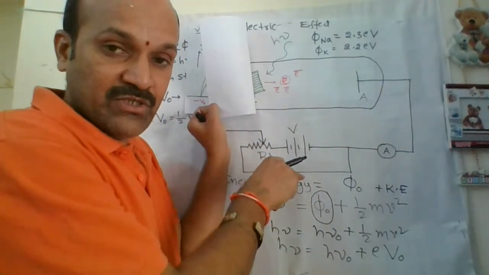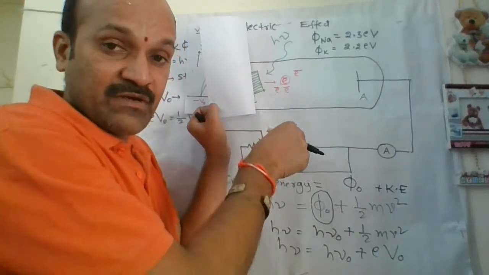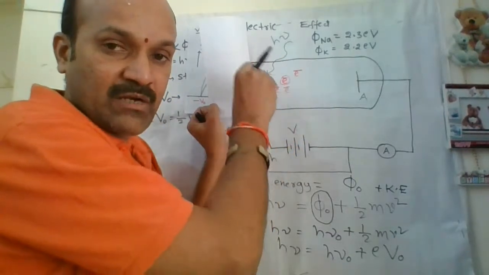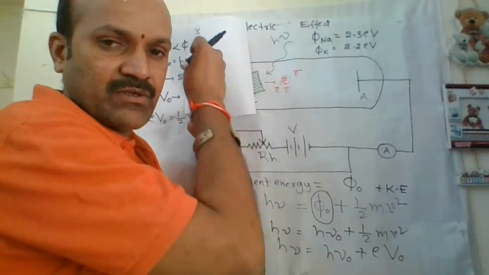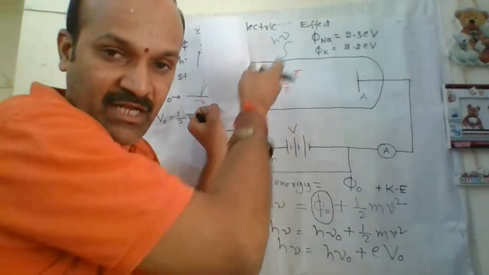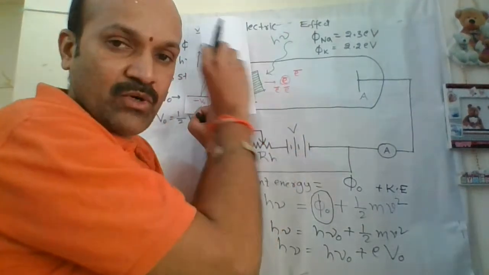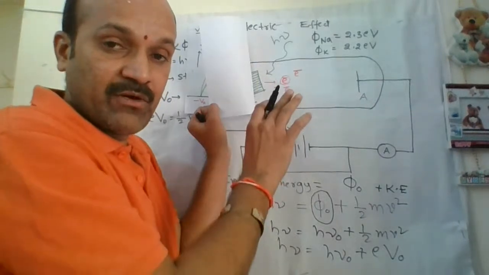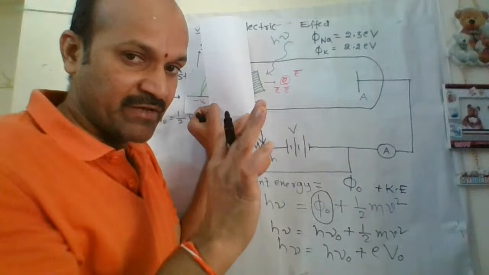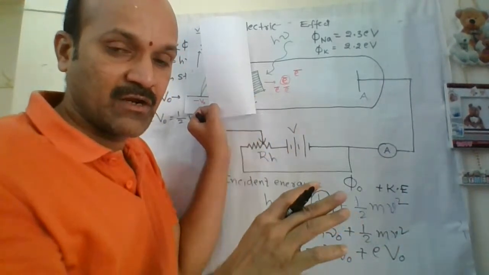So we are applying potential difference. If you keep on increasing the potential difference, what happens? However many electrons are emitted out, that many electrons will reach. If you supply the same photon continuously, only 100 electrons will be emitted out for that intensity of light, for that frequency. We are not varying frequency. The frequency of the light is sufficient to emit the electrons.